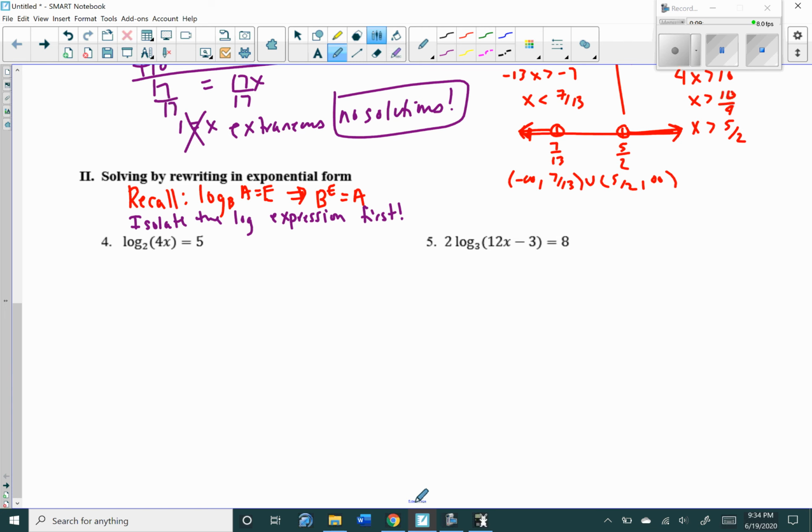And so when you are solving these problems, after you isolate the log expression, you're going to rewrite it in exponential form. And you can only do this when there is one log in the equation.